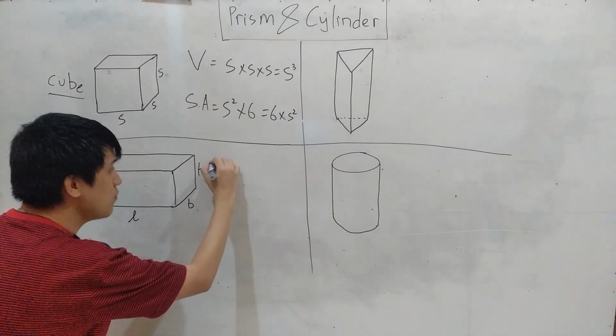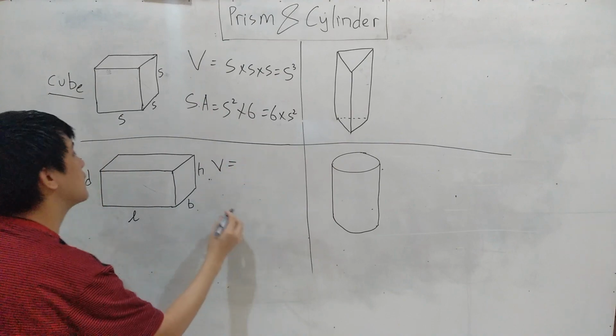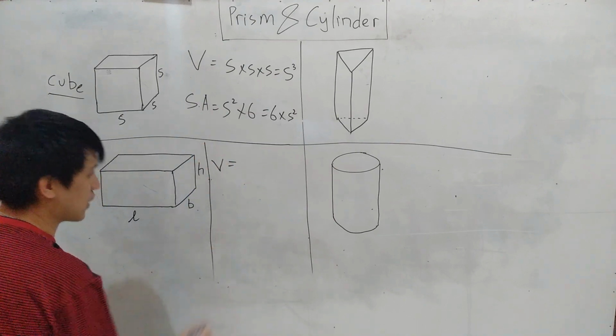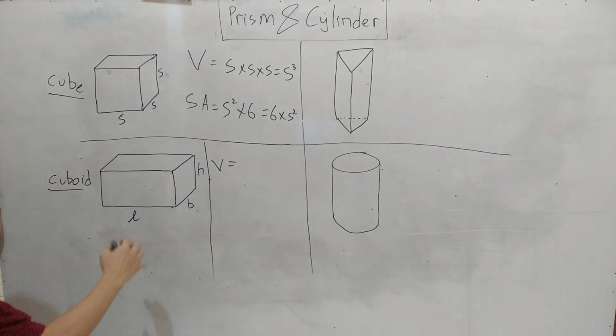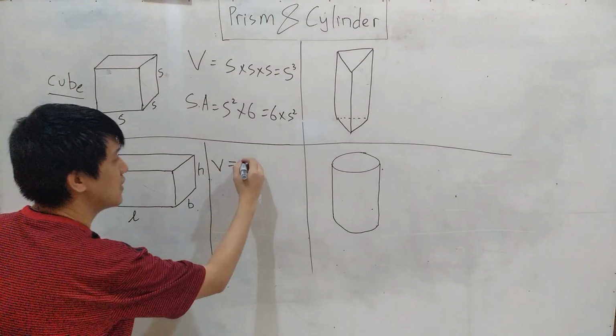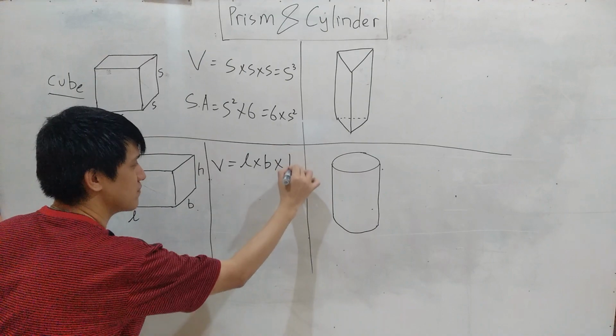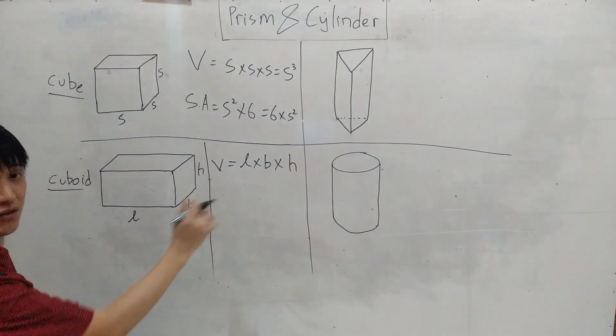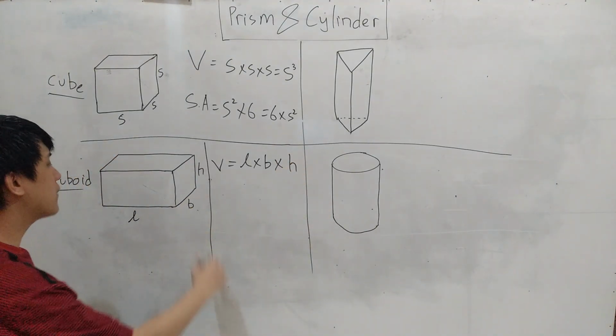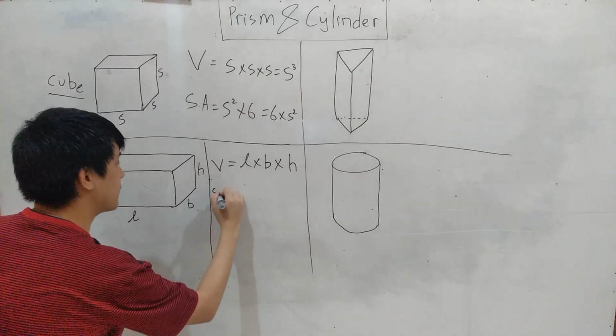So the volume of the cuboid is, I will make a line here so that you can see it clearly, length times breadth times height. That is about the volume of the cuboid. How about the surface area of the cuboid?